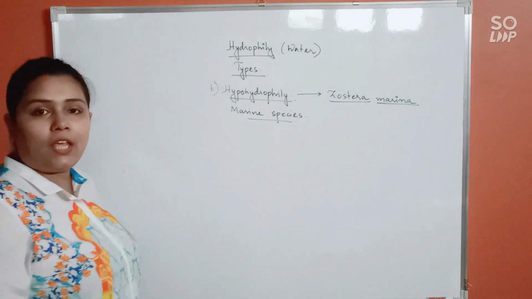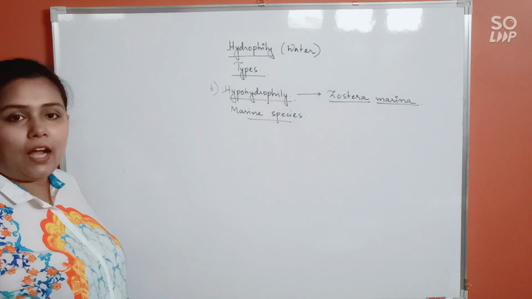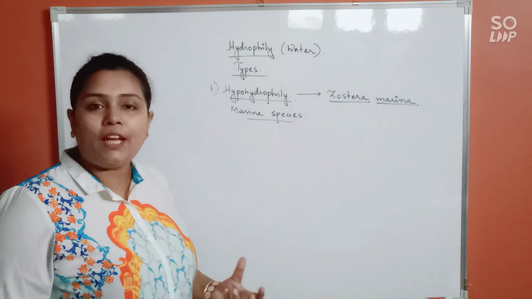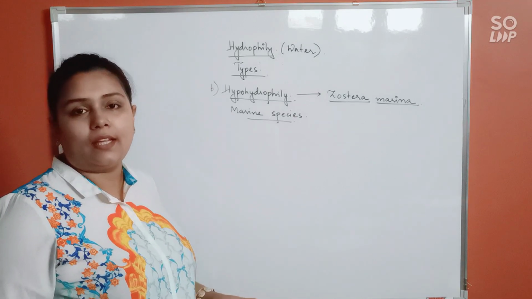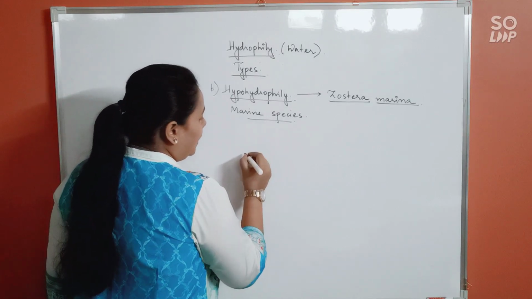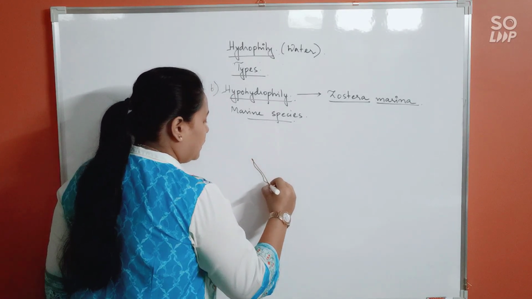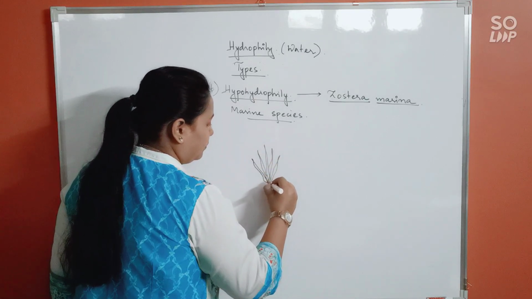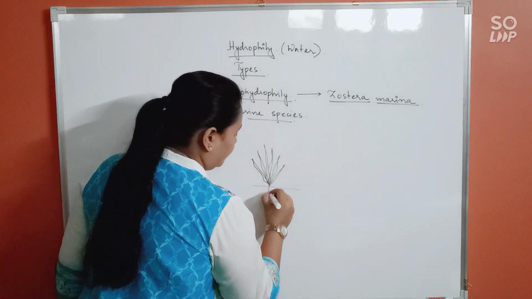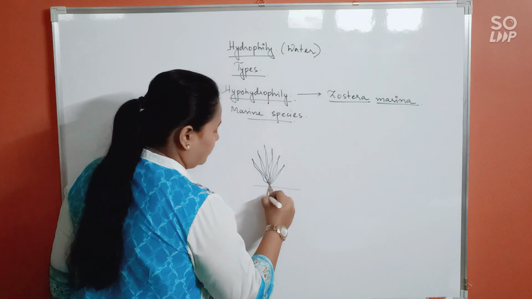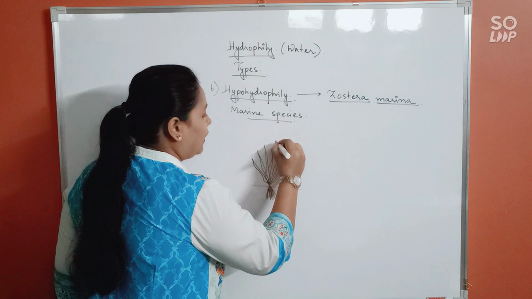Alright. So here the female flower will remain submerged inside the water itself, and the pollen grains are ribbon-like and long. Okay. So suppose this is the plant, and this is the female flower.